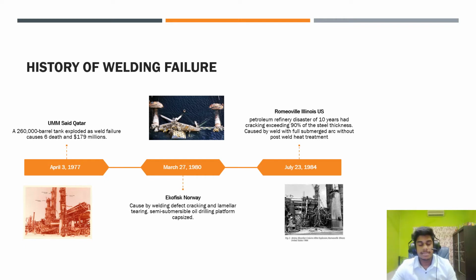So we can understand, if we do not have proper radiographic testing or non-destructive testing on this welding, we could have a failure which can cause a lot of money loss and even death.